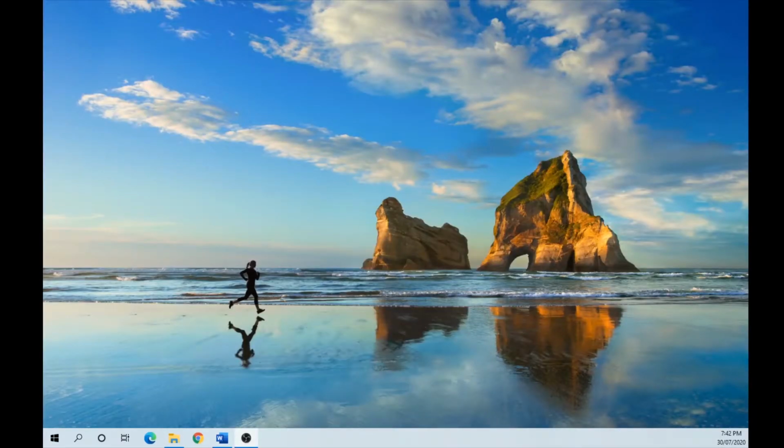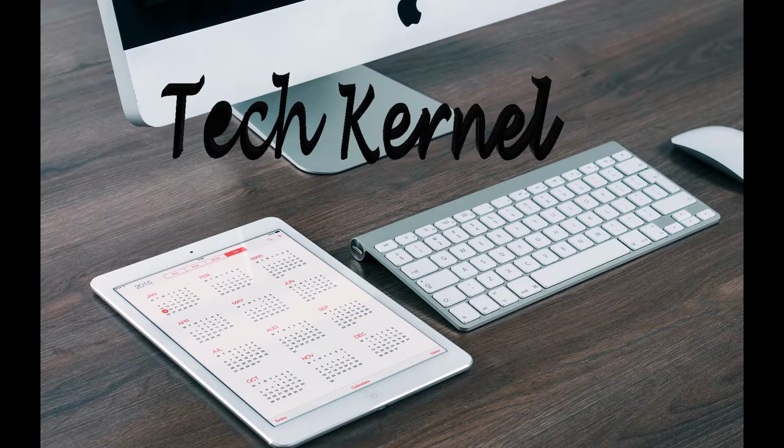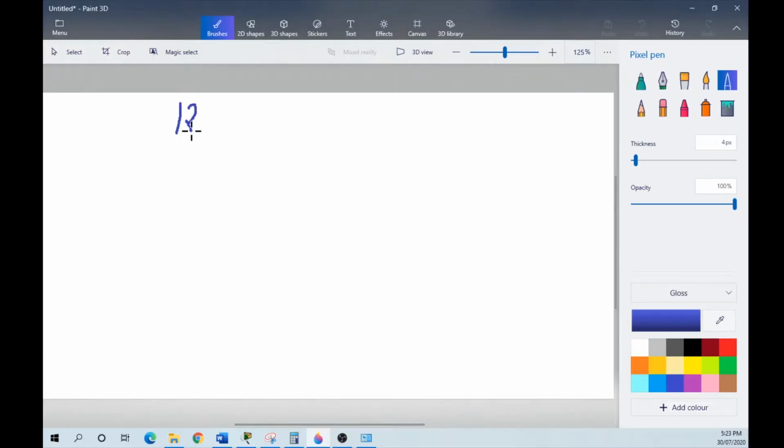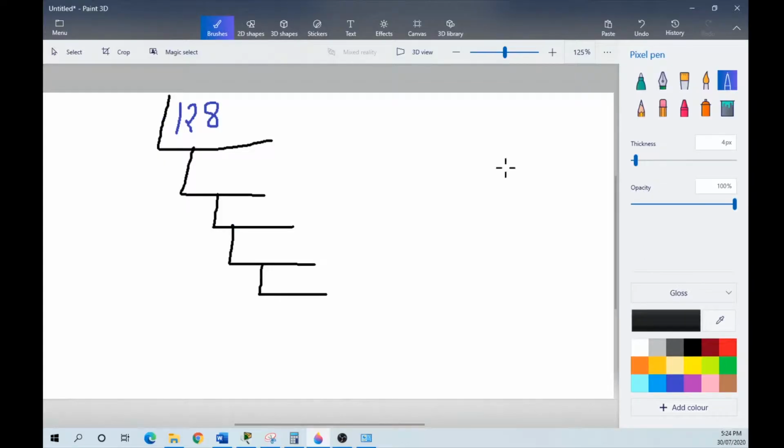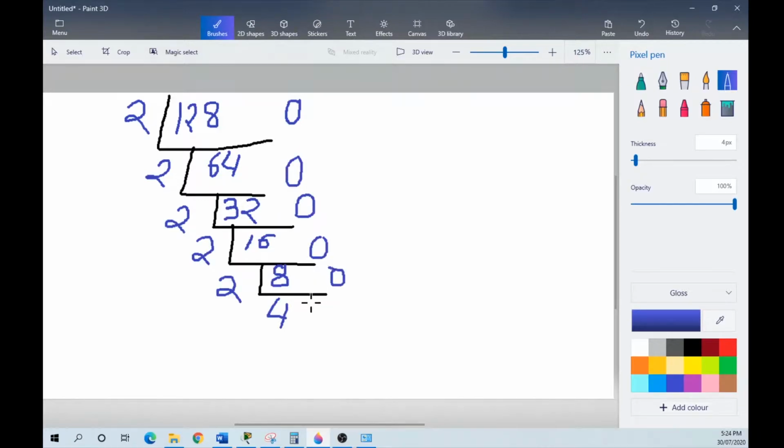To understand the subnet, we need to know how to convert decimal to binary and binary to decimal. Let's see how to convert 128 to binary. This value should be divided by 2, since it's binary. 256 divided by 2 would be 128, and the remainder will be 0. Similarly, the quotient will be 32, and the remainder will be 0.